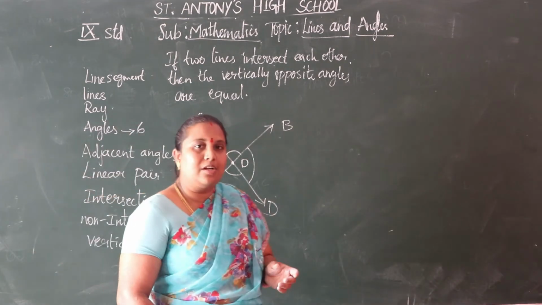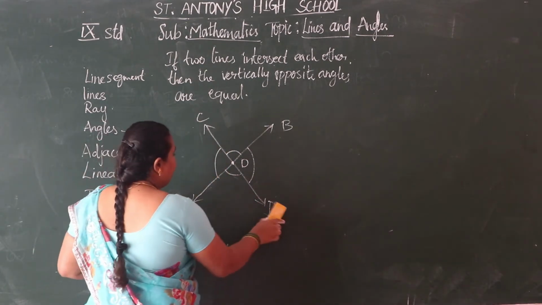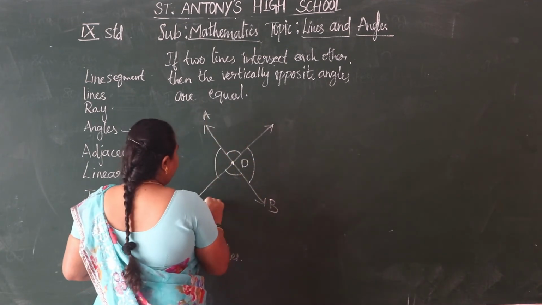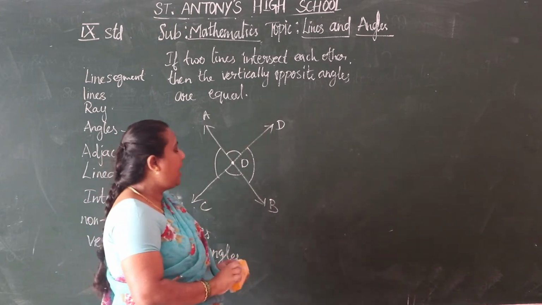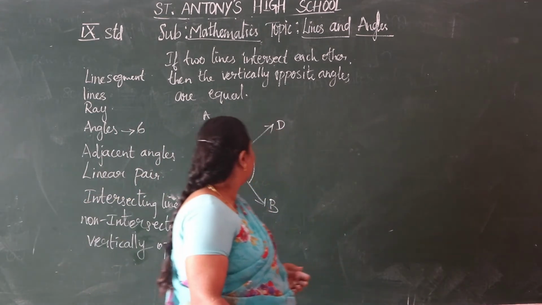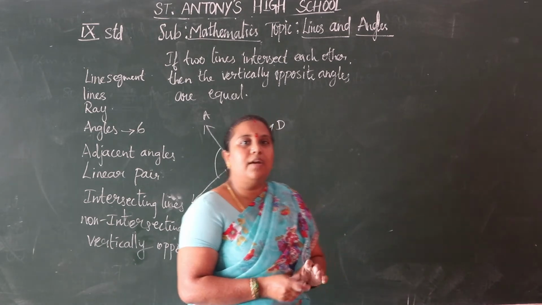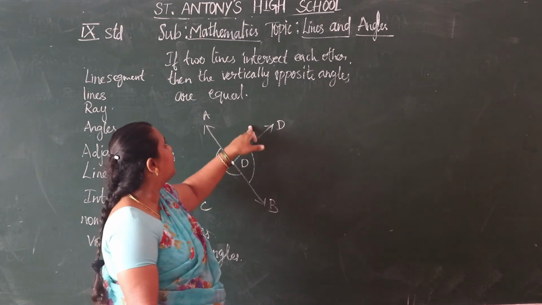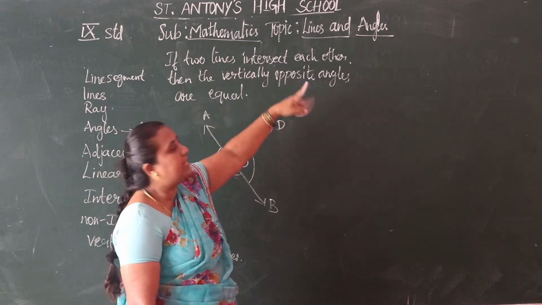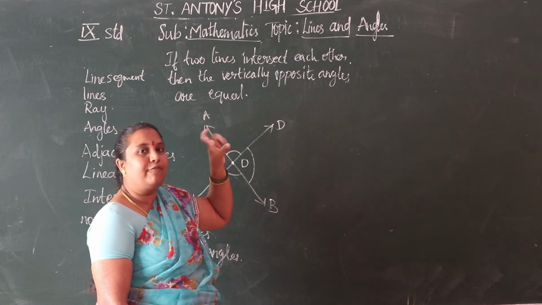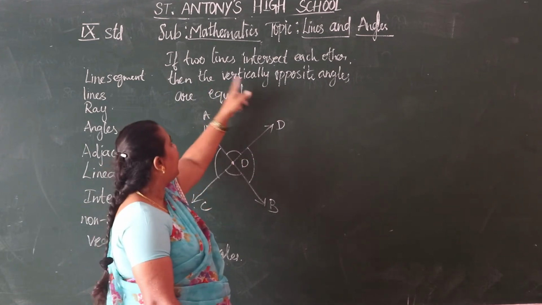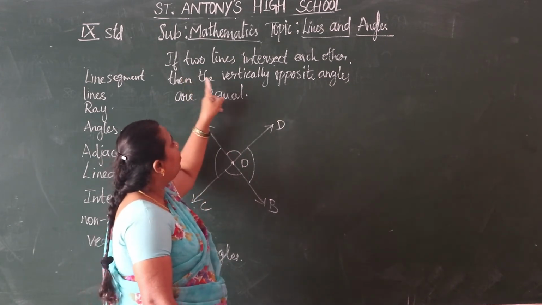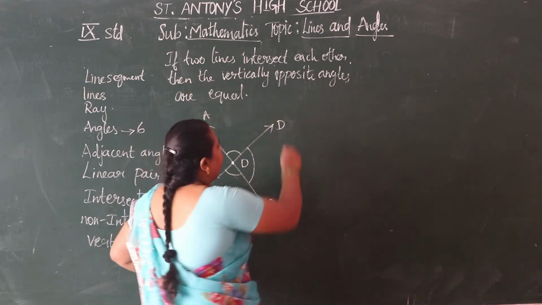So we want to prove this. This is AB, and we can change the namings; it is given in your textbook as AB and CD. Here, AB and CD are two lines intersecting each other. The first line of the statement, if two lines intersect each other, is the given in all theorems.